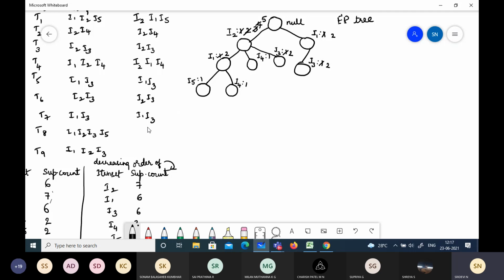Okay, then here this one, we'll arrange it. I2 first, then I1, and then I3, and then I4, according to the decreasing order of their support count. So let's check now. I2 will increment again. We got 6. Okay, then I1 we have.